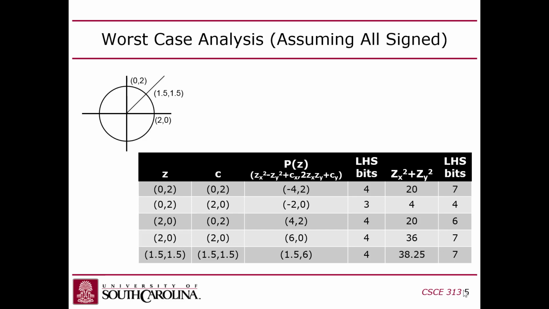So how many bits do I need to store 20? I actually need 7 bits, because 20 is 1, 0, 1, 0, 0, right? Did I get that right? Oh, I screwed that up, didn't I? Do I have a marker? So 20 is going to be 16 plus 4, like that.